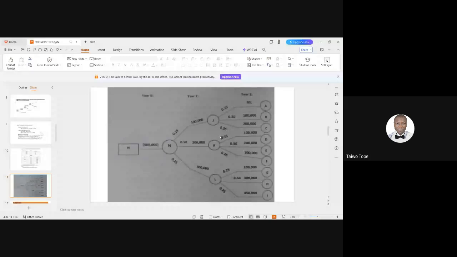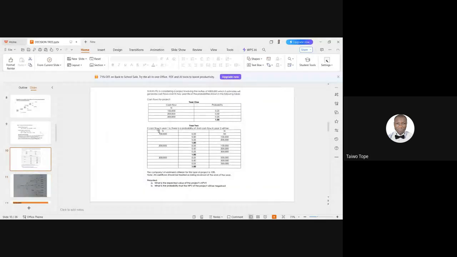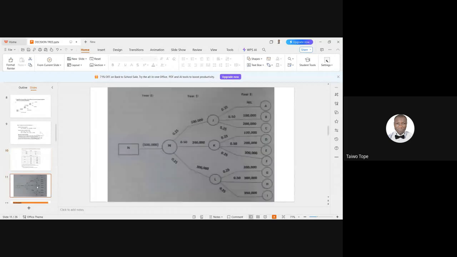Also, when we have 200,000 in year 1, there's likely to be an extension of the following inflow in year 2: 100, 200, 300. You can see that expressed here. When we have an inflow in year 1 of 200, there's a possibility of having 100,000 in year 2, 200,000 in year 2, 300,000 in year 2, with their associated probabilities.